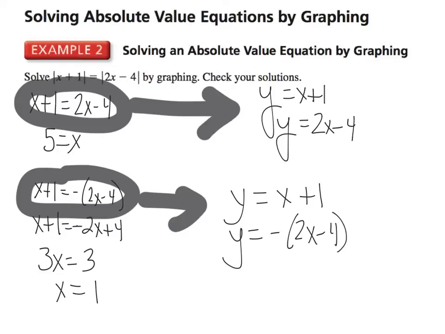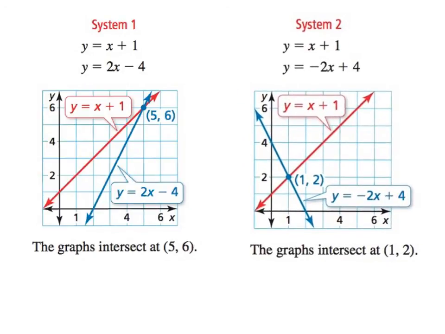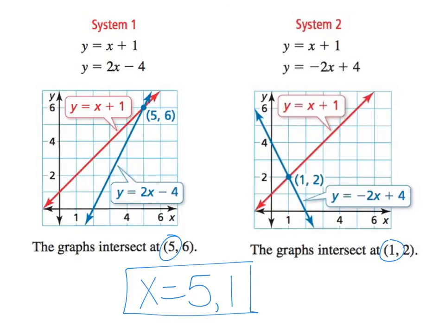So what we do now is take each system and graph each system. So there's system 1. As you can see, we have graphed both systems and the point of intersection is (5, 6). We now graph system 2. And you will notice that that graph intersects at (1, 2). All we need is our x values, because we only have an x in our equation. So x equals 5 and 1 are the two solutions to this equation.